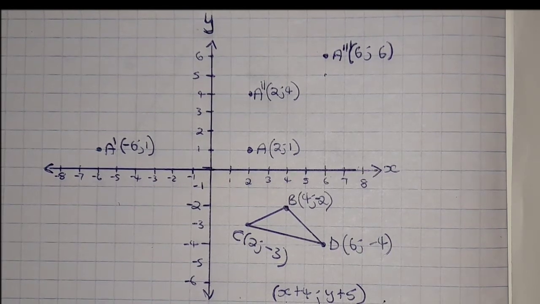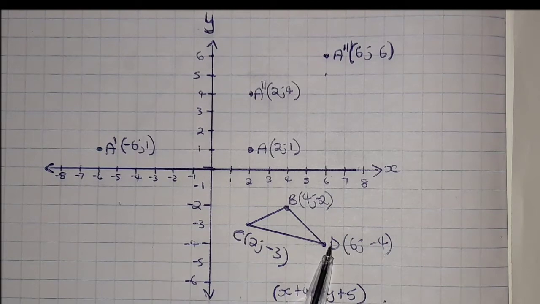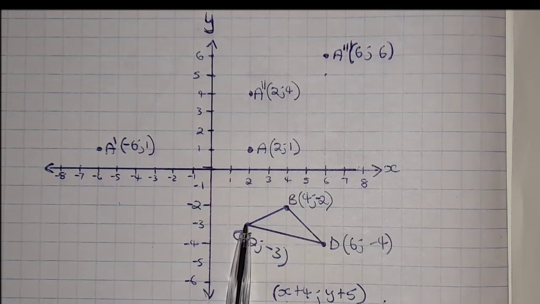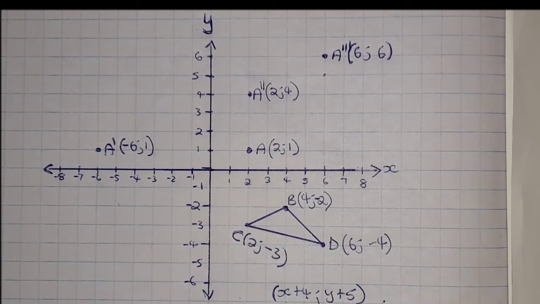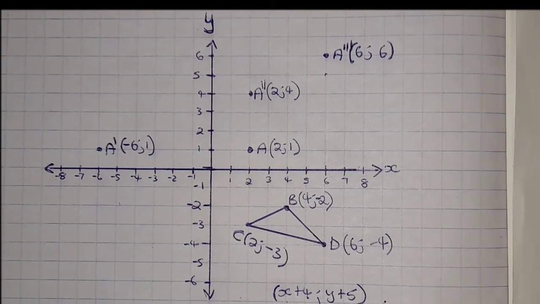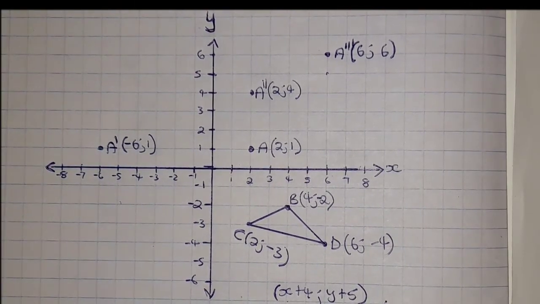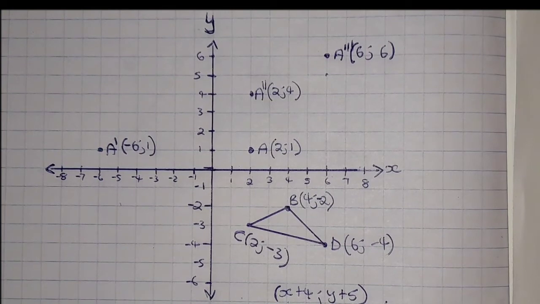I have triangle BCD, and we have been given the coordinates of these 3 different points, and you are being asked to translate this triangle ABC according to this rule.